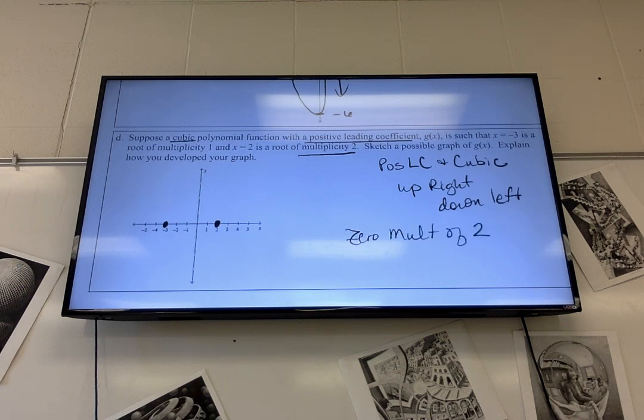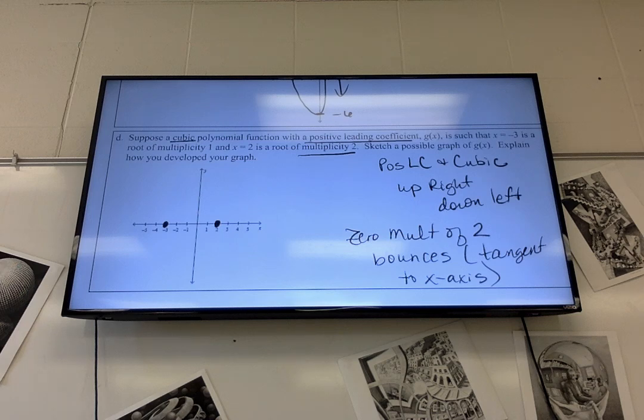It's going to bounce. Or also they call that tangent to the x-axis. I don't care which terminology you use. Bounces is perfectly fine. Just probably in the multiple choice, it would say tangent to the x-axis. So that's why I want you to be familiar with both.